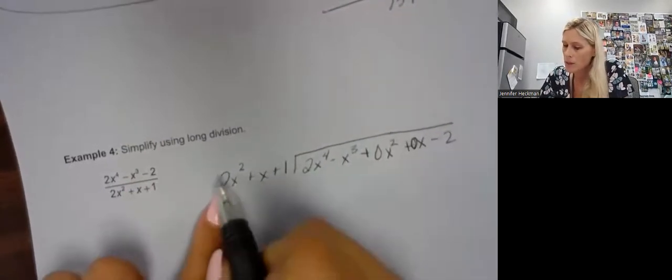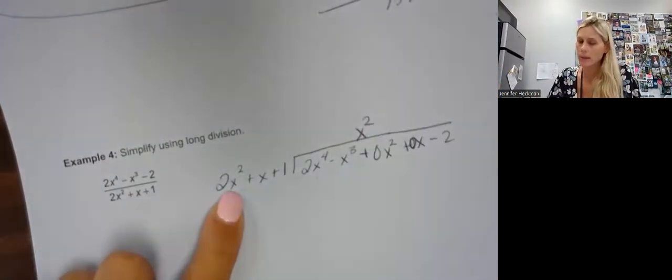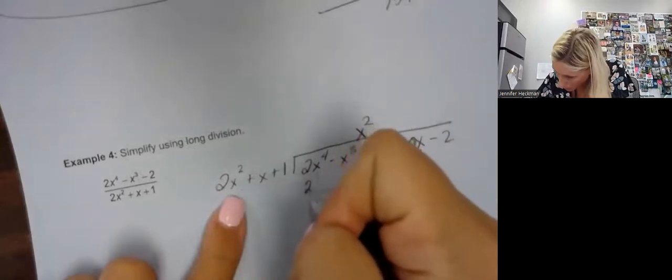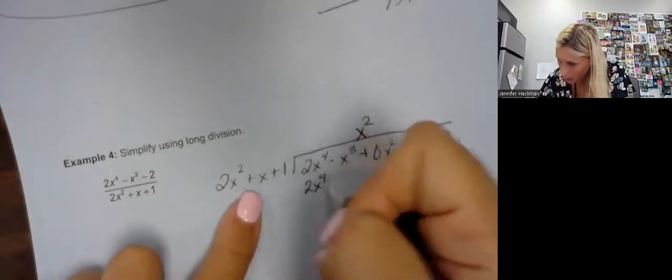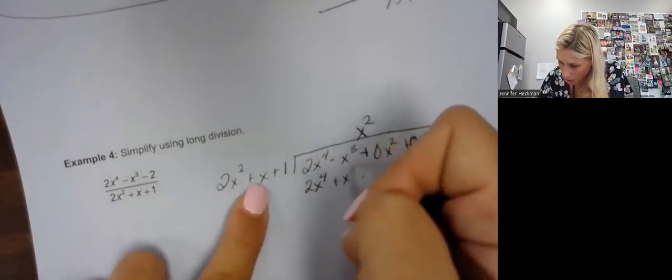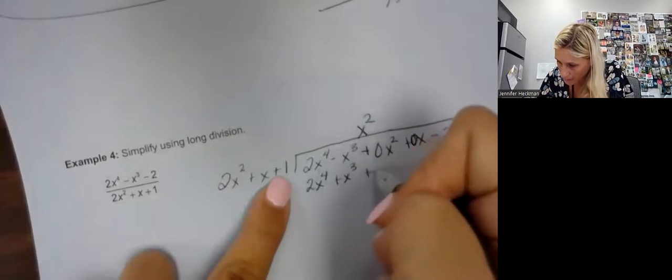And then I have this minus 2. Okay. 2x squared times what is x to the 4th? X squared. X squared times 2x squared is 2x to the 4th. X squared times x is x cubed. X squared times 1 is x squared.